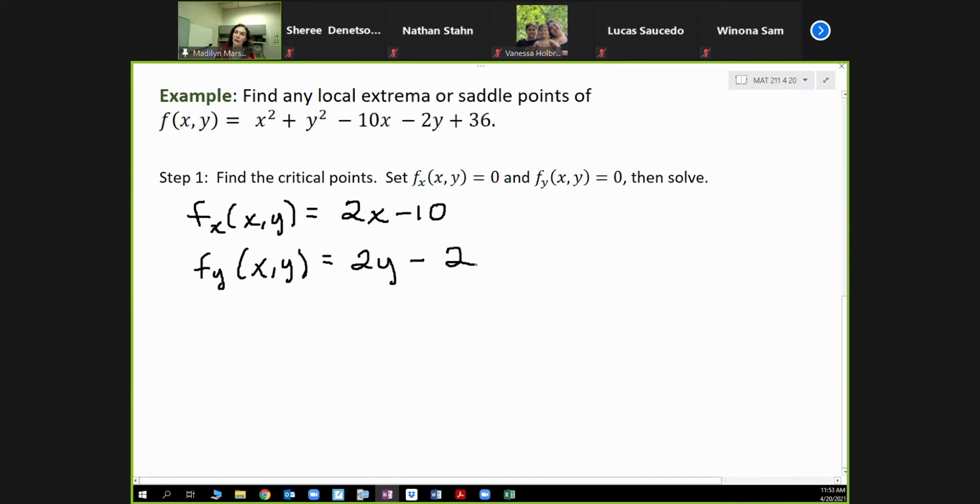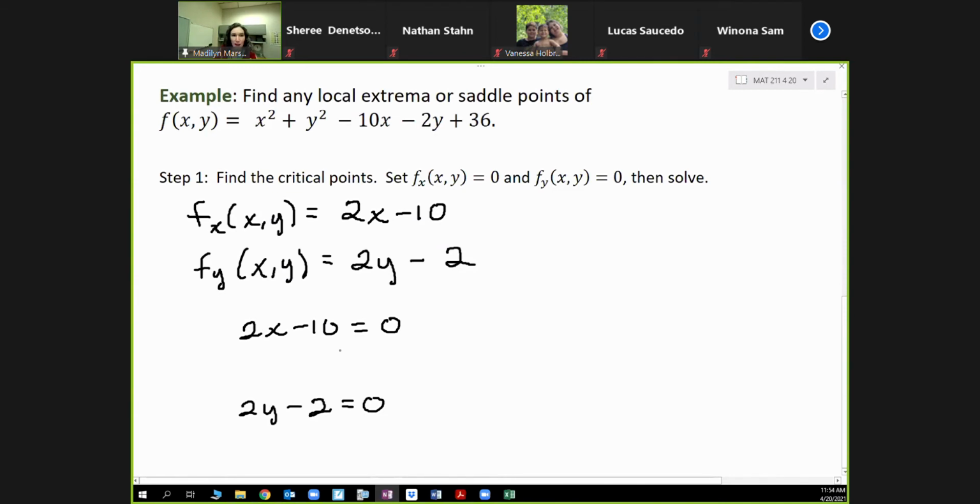So same situation. Those two terms are the only ones with y's in them, so those are the only ones that matter when we're doing the derivative with respect to y. So once we know these two partial derivatives, we can set each of them to 0 and solve. So we have 2x minus 10 equals 0. 2y minus 2 equals 0.